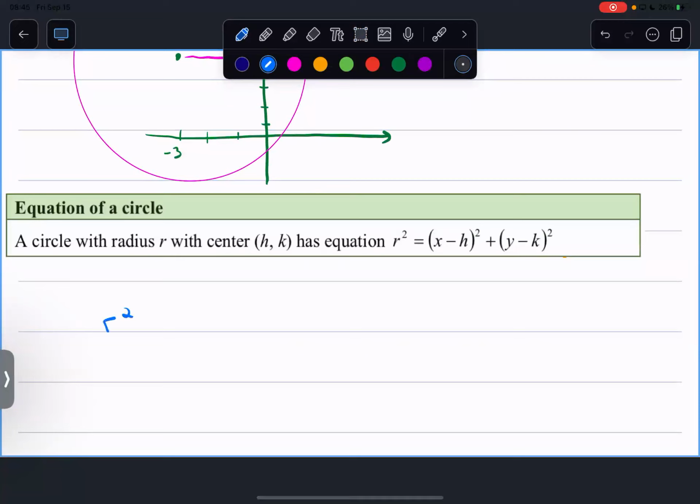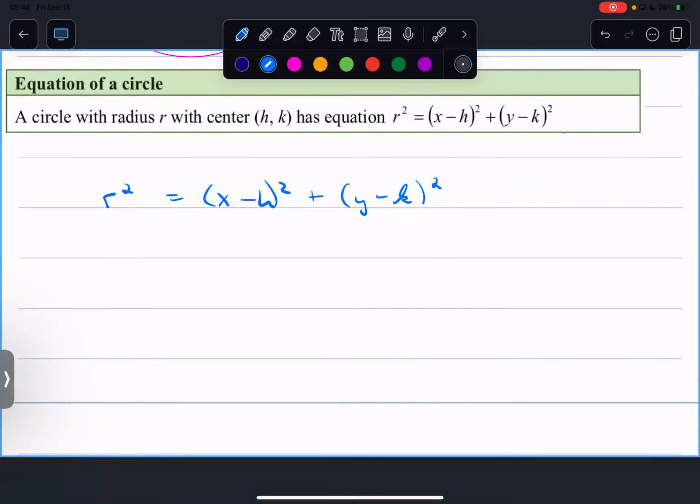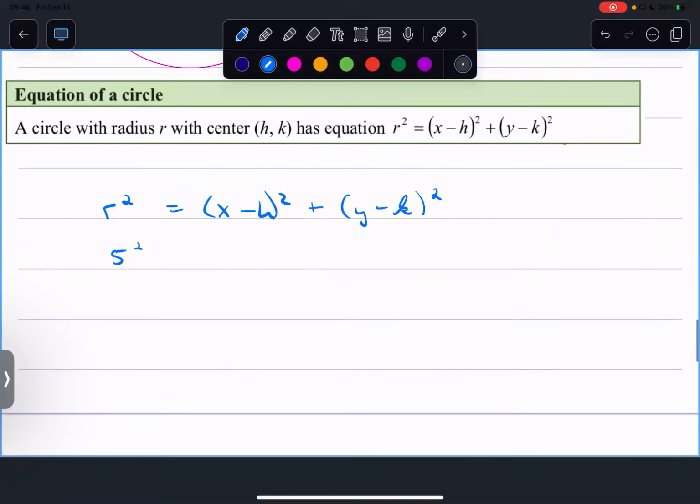So then r squared, I'm just going to write out the equation that we're going to be using: x minus h squared plus y minus k squared equals r squared. We know some things. And so r, we were told, was 5, right? We're forcing the radius to be 5.